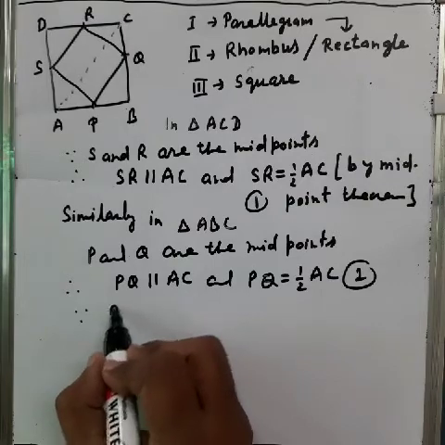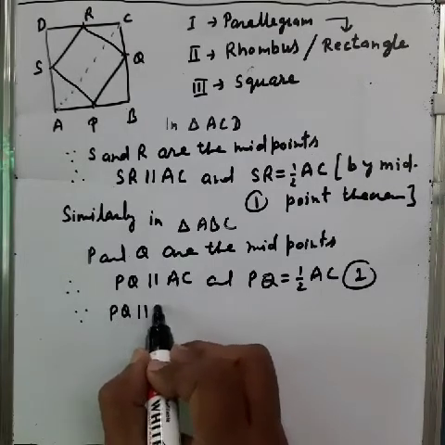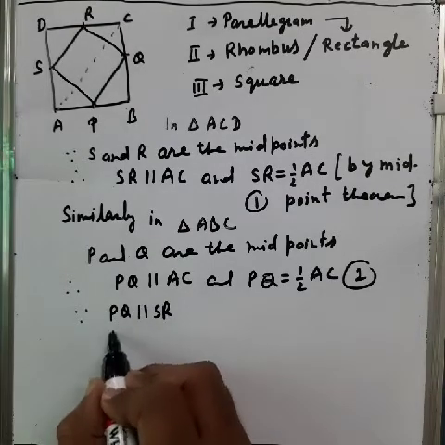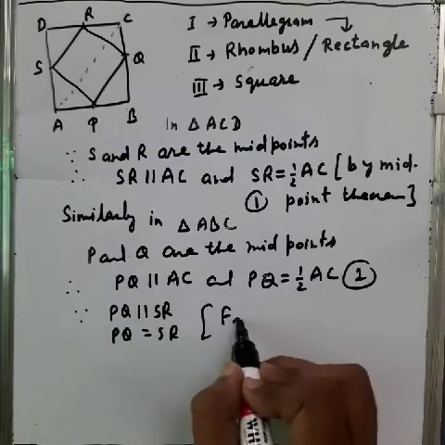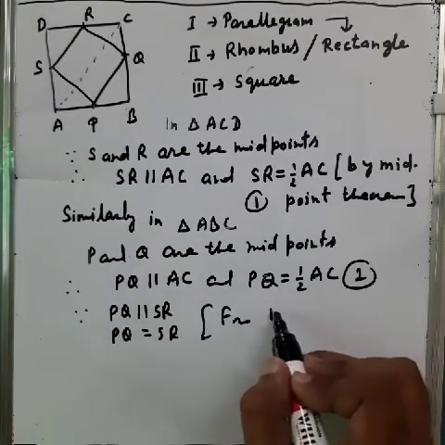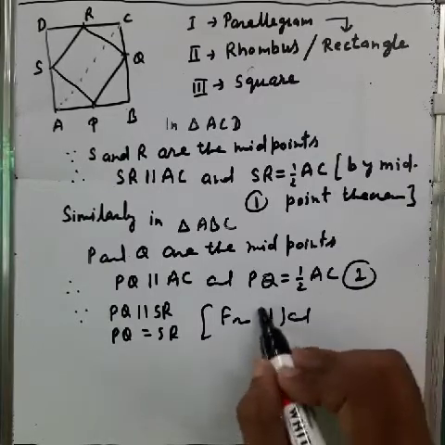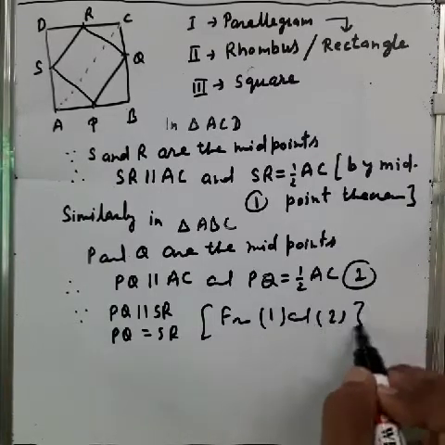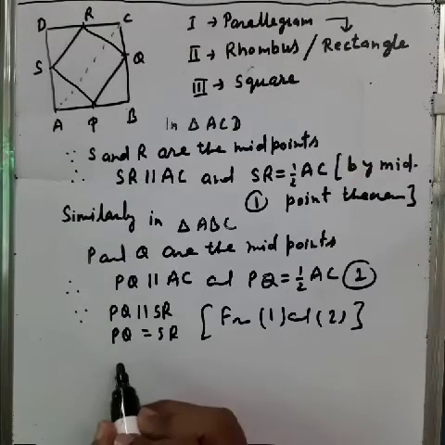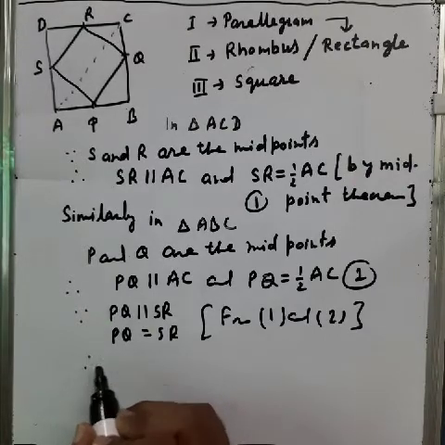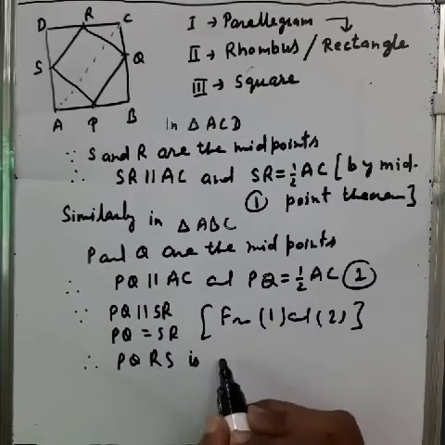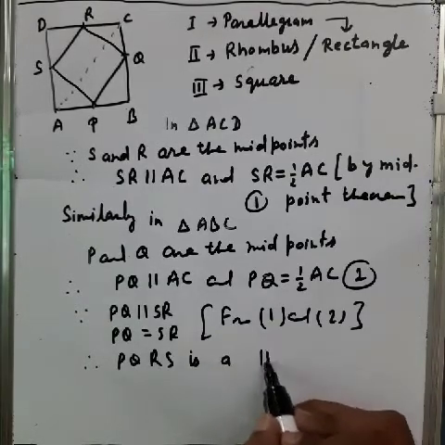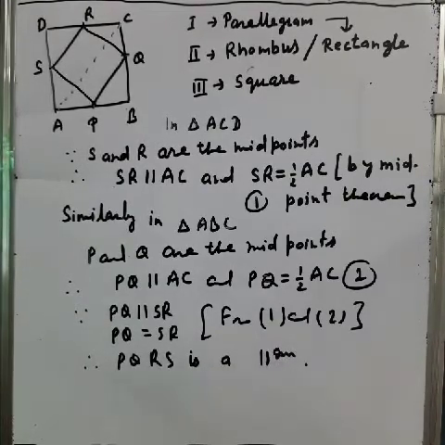Since PQ parallel to SR, directly we can write PQ equals SR. You write down from 1 and 2, both the results. We can say hence PQRS is a parallelogram.